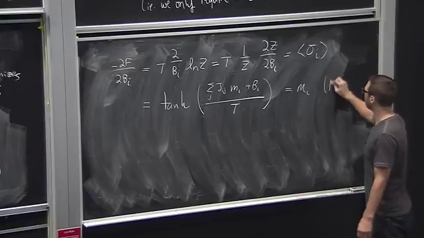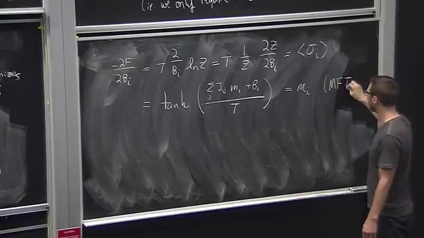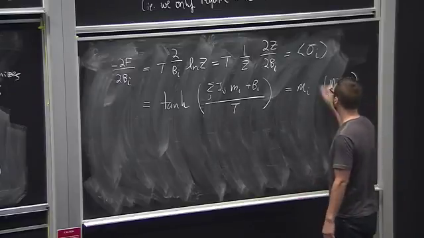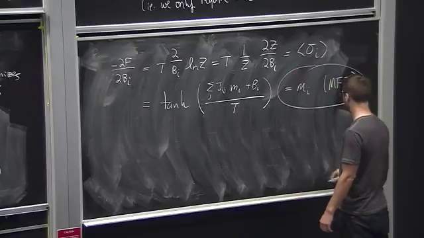So this is the mean field. Again, I've just rederived the mean field theory equation for the order parameter, m. So check that if you're not sure.